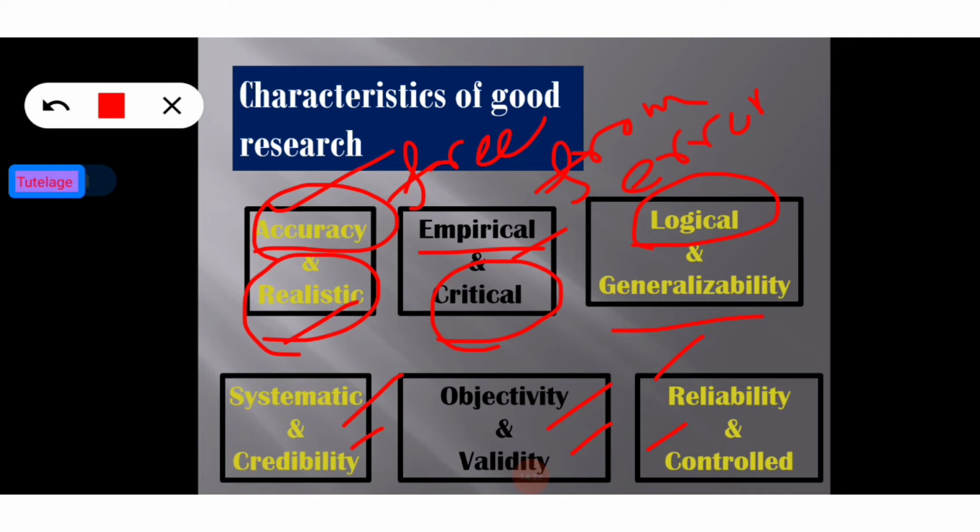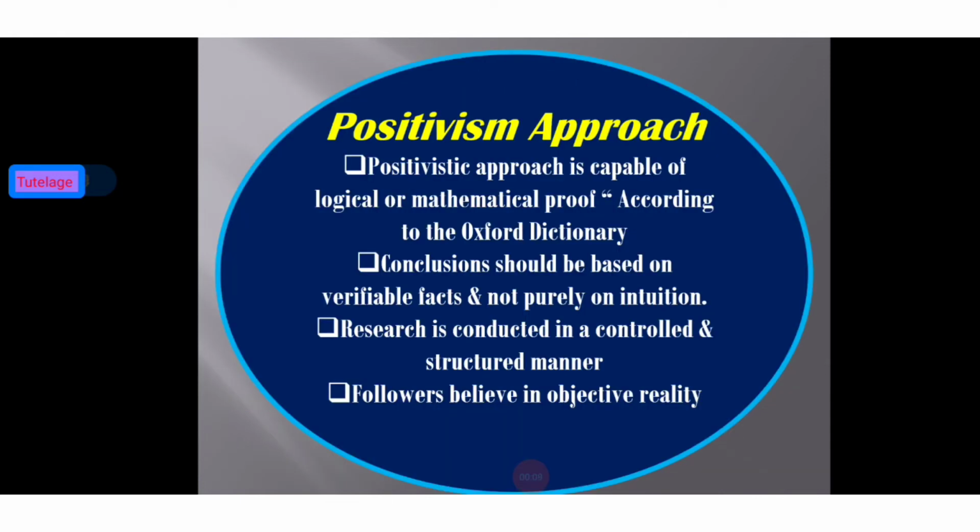So now move on to the next slide. Here is the slide for the positivism approach, and we have already said this approach is one of the most important approaches of this chapter. So now going to the main focus on the positivism approach.